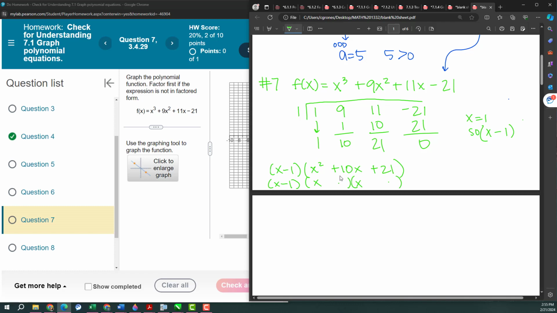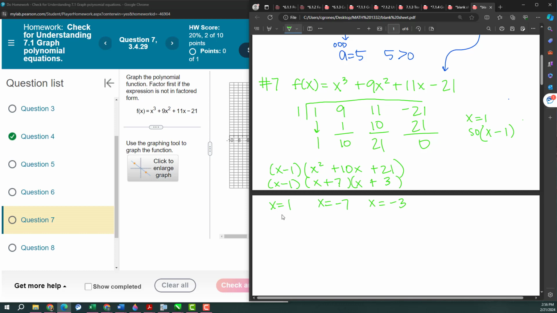So 7 and 3 is the first thing that comes to mind. 7 and 3 multiplied together gives you 21. This is going to be positive because 7x and 3x total 10x to get our middle term. So we have factored it. So x equals 1, x equals negative 7, and x equals negative 3.